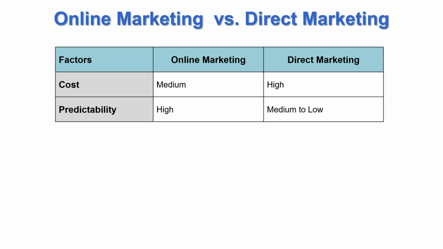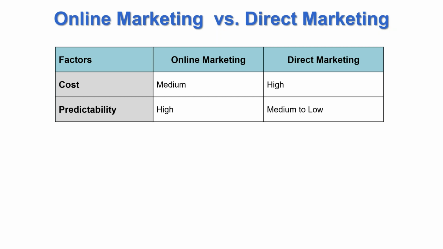Now, predictability is a huge factor here. If you are going to do marketing, you want to have some confidence that what you're putting out is actually going to bring you a return. What we see consistently time and time again with online marketing is a very high level of predictability, meaning when we implement our SEO program and our PPC programs and our websites that are optimized to convert leads, we see time and time again that it works.